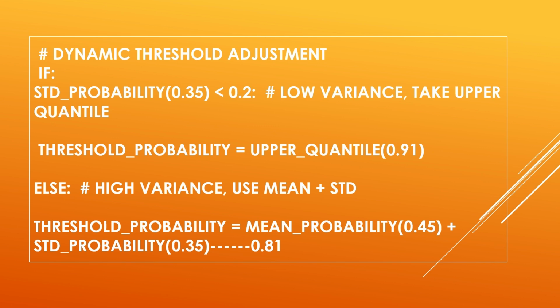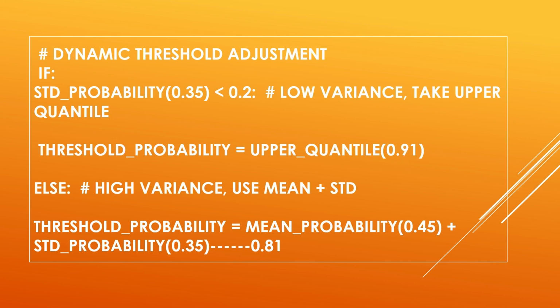So you can understand very easily what I have done. If the deviation is less than 20%, I'm treating it as low, then set the upper quantile, which in our case is 0.91. So 0.91 becomes the threshold.